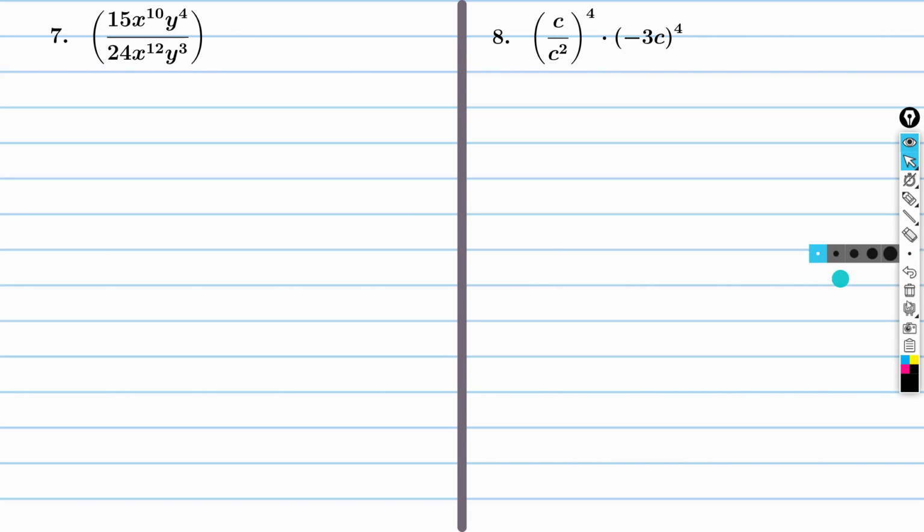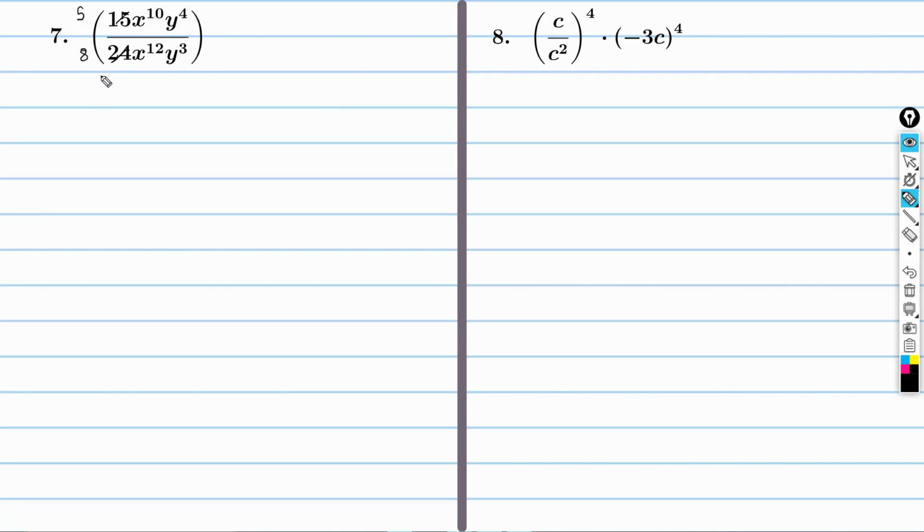So number 7, we need to simplify each part. I want you to try to think about how you could do it and work it out on your paper. So you should have seen that we could take and divide both 15 and 24 by 3, giving us 5 and 8.